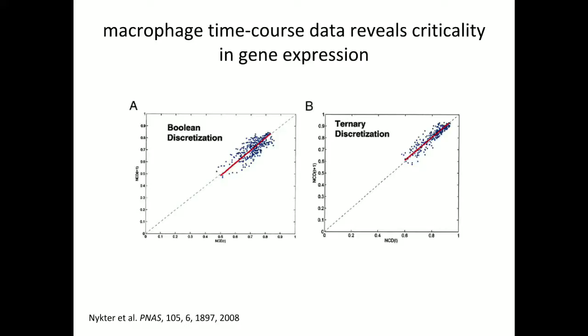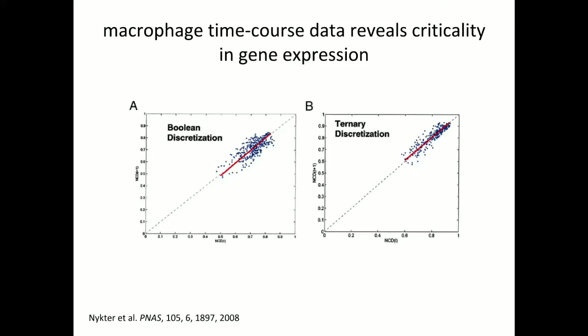But here was the cool part. Then we took some data that was from a knockout mouse, where the macrophages in this knockout mouse were very, very hypersensitive. So essentially, if you challenge these macrophages with some ligand, they will react in a hypersensitive way. And usually it kills the animal, in fact, when they're challenged by infection.